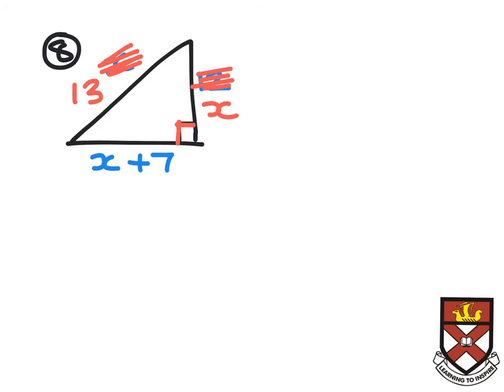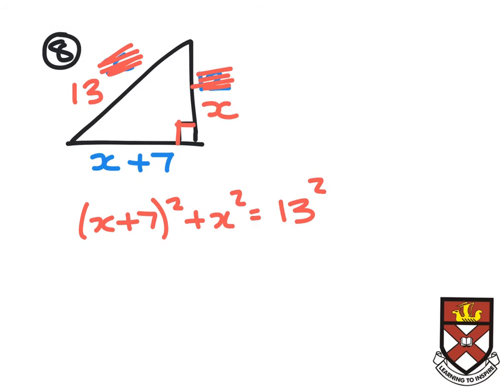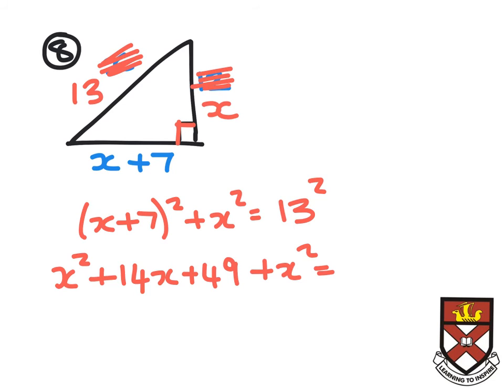Okay, so let's go back to Pythagoras. Pythagoras says that the short side squared, so x add 7 squared, plus x squared equals 13 squared. Okay, so remove the brackets here. x squared, add 14x, add 49, add another x squared equals 169.